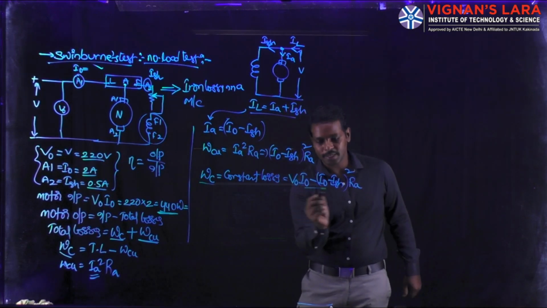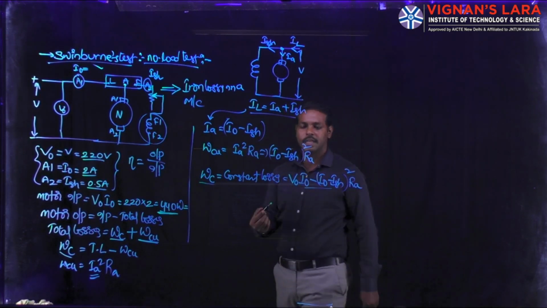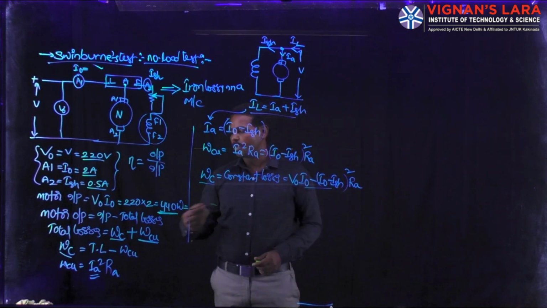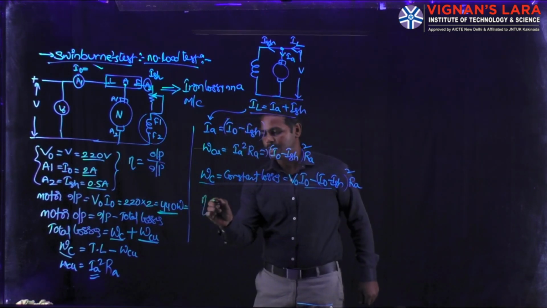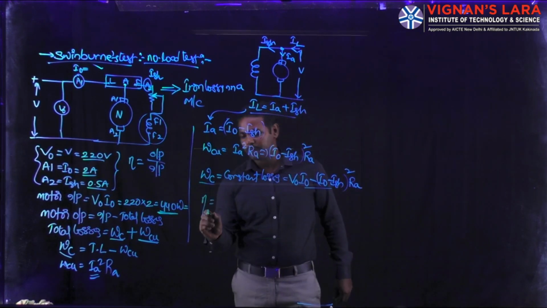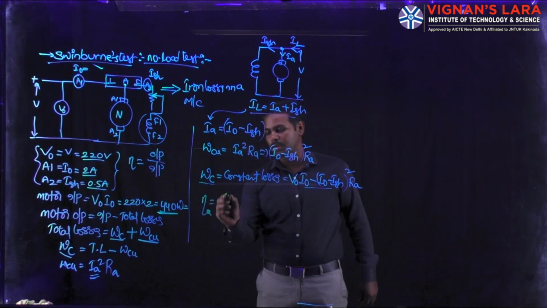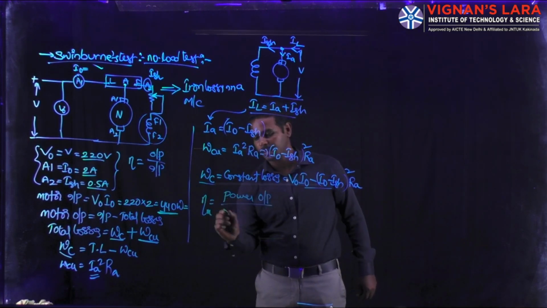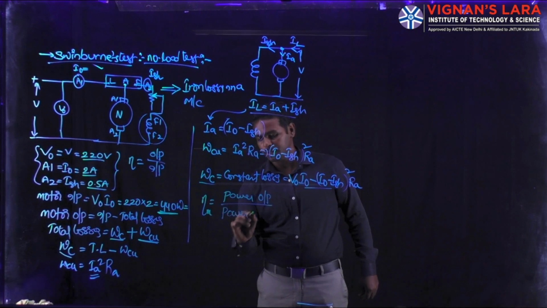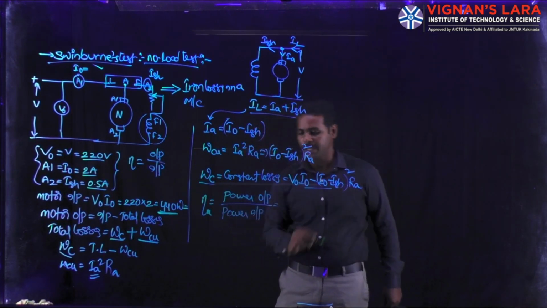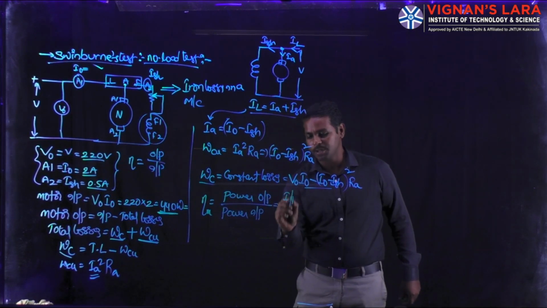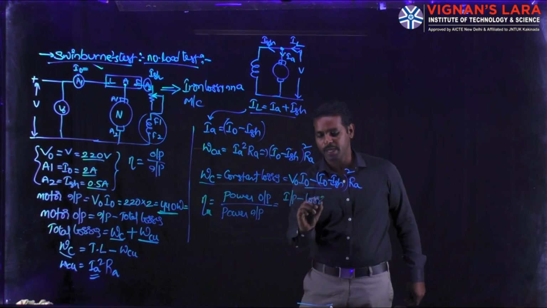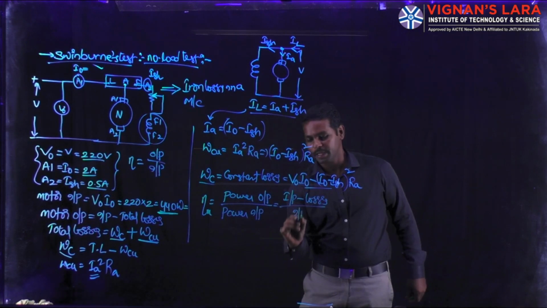Based on this equation, we can find out the efficiency, because we know the total losses as well as the input. Motor efficiency is equal to power output divided by power input. Power output is equal to input minus losses, divided by input.